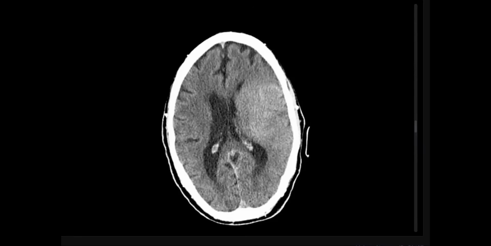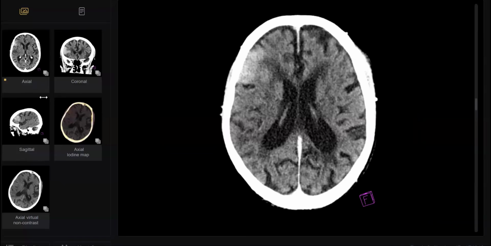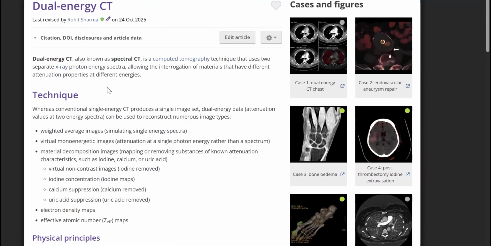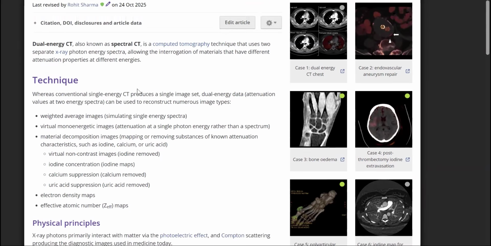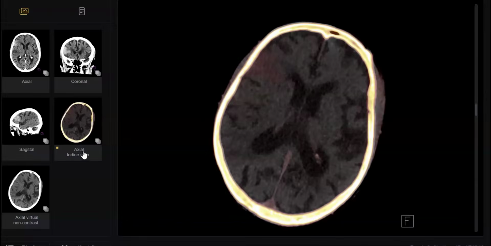The most recent tool in differentiation is the dual energy CT scan. In a dual energy CT scan, we use two X-ray tubes of different spectra, one of them the usual one, the other adjusted to the spectrum of iodine, called the iodine map.